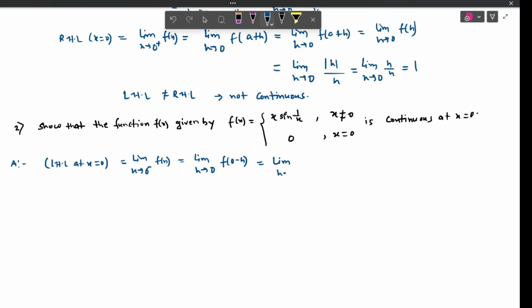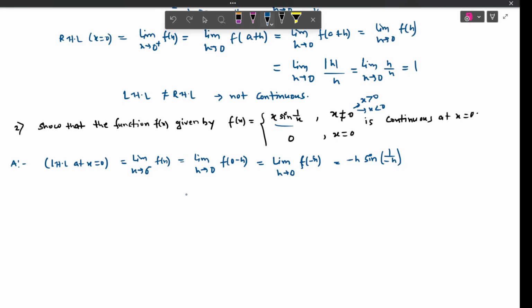So it would be limit h tends to 0, f of minus h. Now in the function when x not equals to 0, means when x is greater than 0 and when x is less than 0, you have to take this function. Now in place of x put minus h. So it would be minus h sine of 1 by minus h.